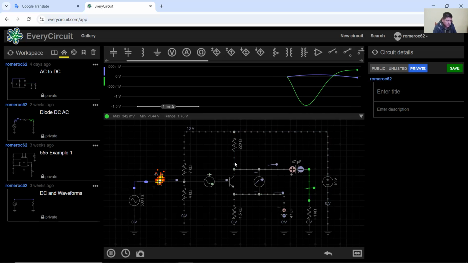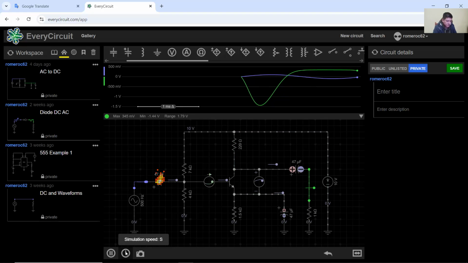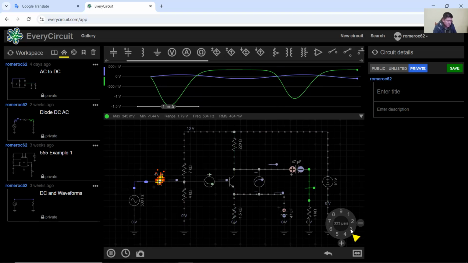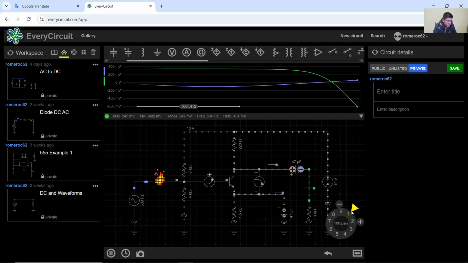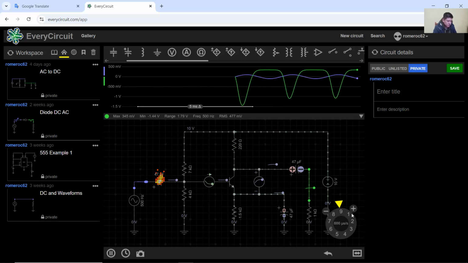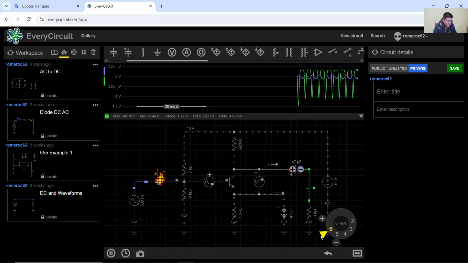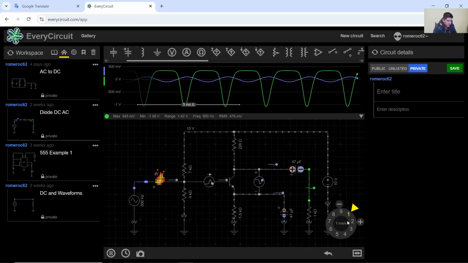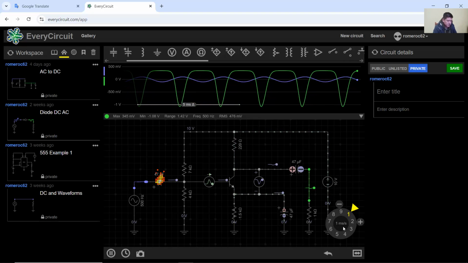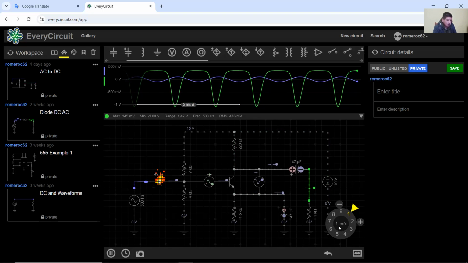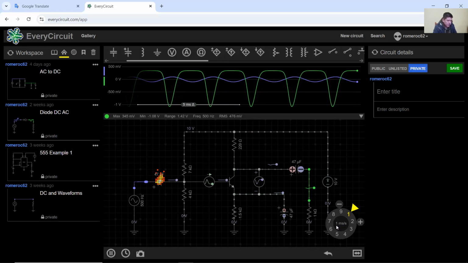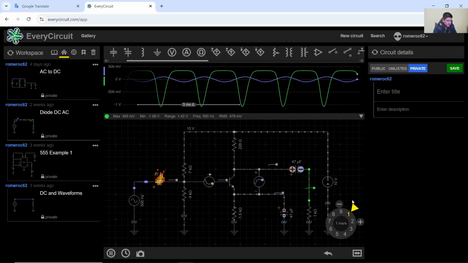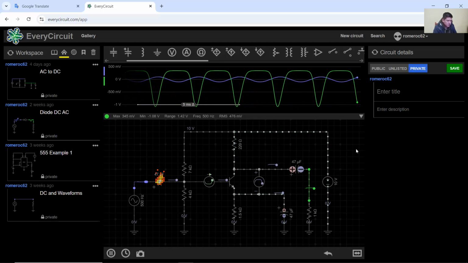Okay, very good. But modify the simulation speed. Modify to 1 millisecond per second. Okay, you know real time is 1000 milliseconds per second. I'm using 1 millisecond per second. Very nice. Click on workspace.